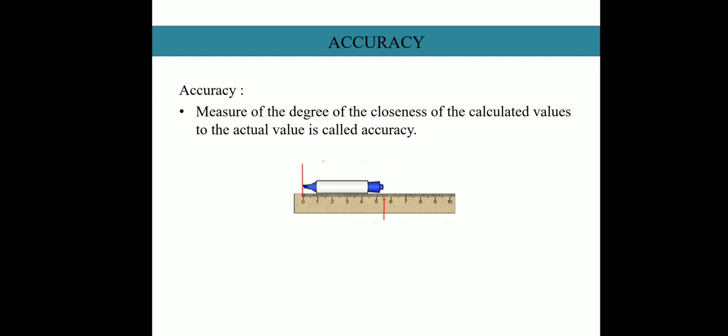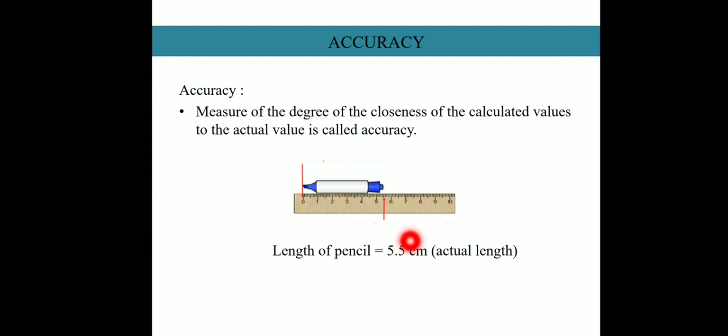So let's say we have this marker or maybe a pencil whose length we are trying to measure using a scale, a metric scale, that we have studied in previous classes. So let's say using the metric scale we are trying to measure the length of a pencil, but it is already told to us that the length of the pencil is 5.5 centimeter.